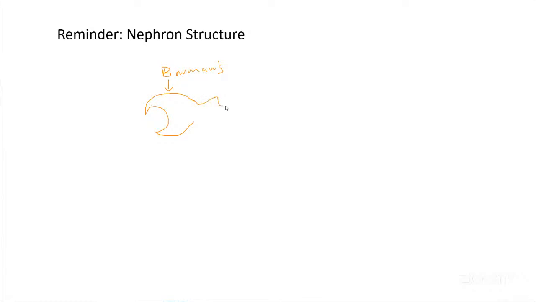Next, we have a tubule. It's kind of twisty. Sometimes we mention that in its name, sometimes we don't. This is our proximal tubule or our proximal convoluted tubule. So remember, proximal, when you saw it in anatomy lab, meant stuff that was nearer in towards your core. This is nearer in towards the head of your nephron.